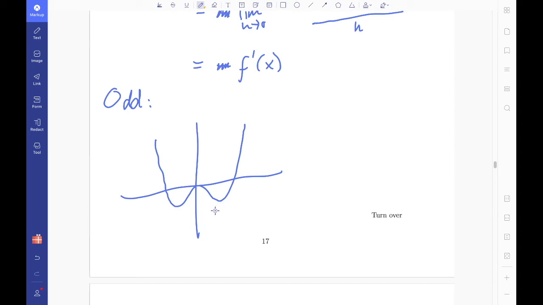If I take the tangent here, then if I reflect that in the y-axis, I get a tangent here, and the gradient of this is in fact going to be the negative of the gradient of this one here. So you consider this by maybe taking 2 points and seeing how they reflect.